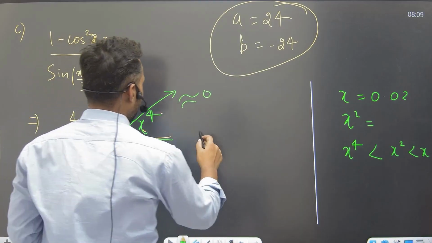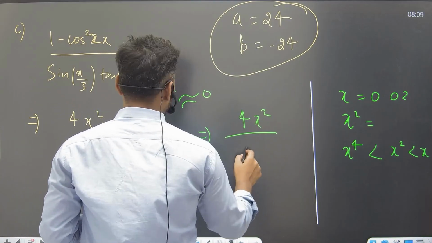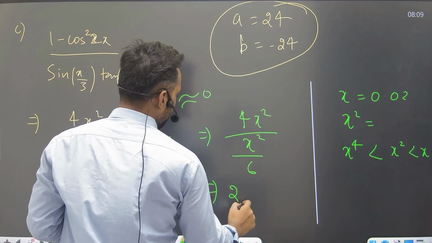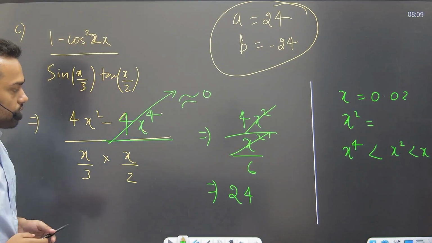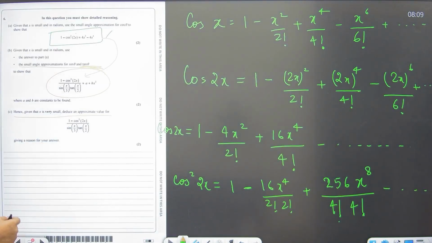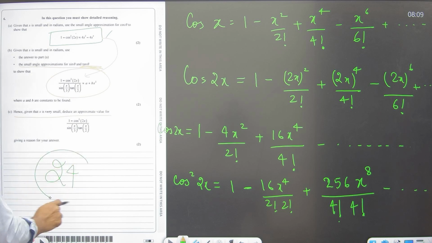So what we will be left with is 4x square upon x square by 6, which equals 24. Why? Because x square and x square got cancelled, so 24 will be the approximate value of this particular part.